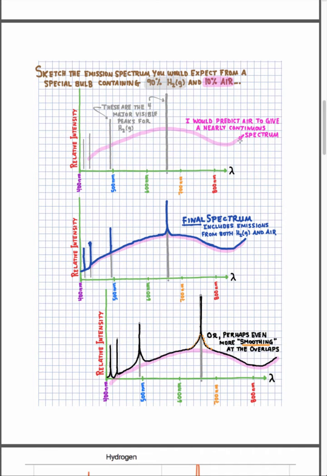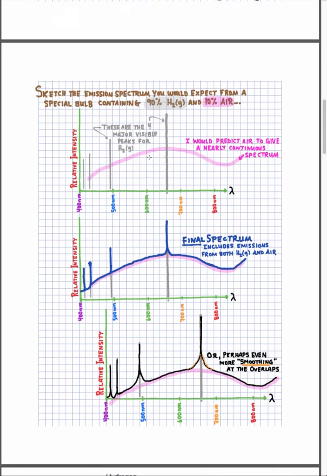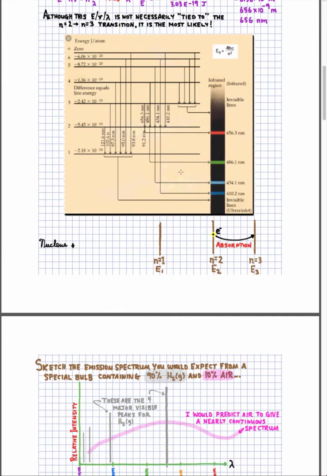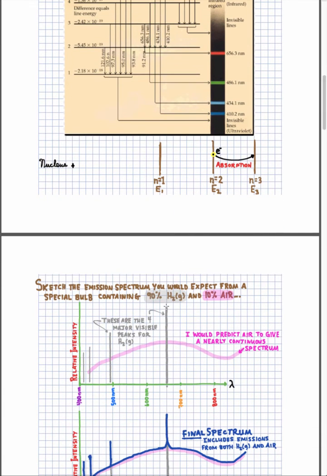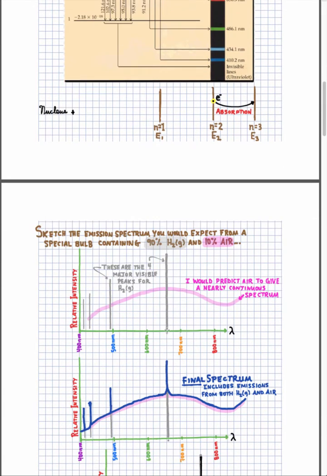So I was thinking to myself, hydrogen emits in the visible in a kind of purplish, a bluish, a light blue, a green, a red. So I was thinking maybe 4 distinct emissions from a hydrogen sample, 90% hydrogen in the bulb. So I might see this wavelength, and this wavelength, and this wavelength, and towards the purple and blue.